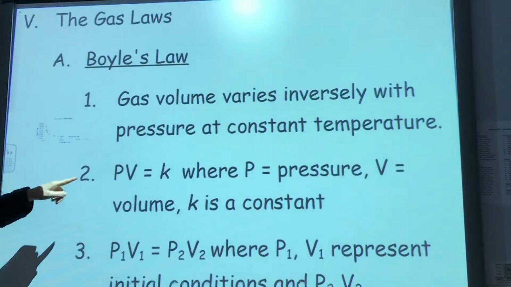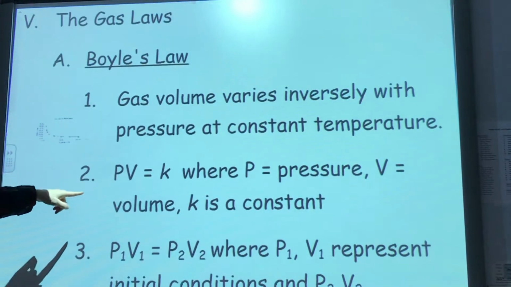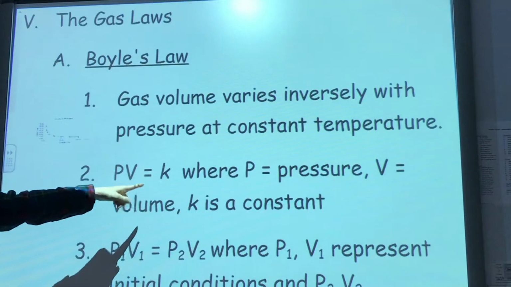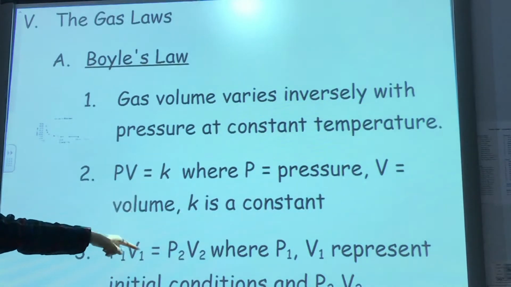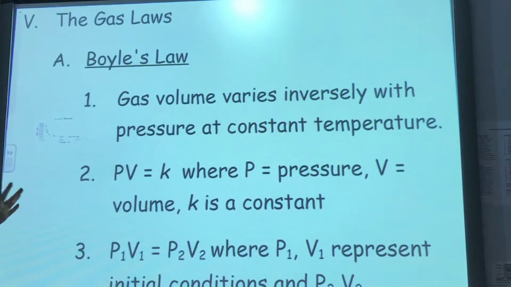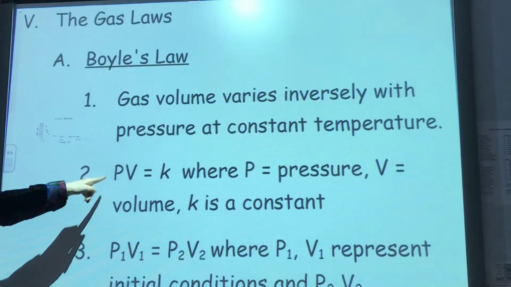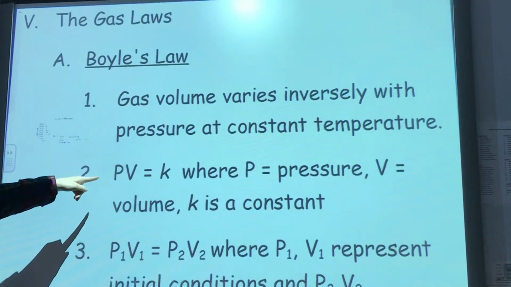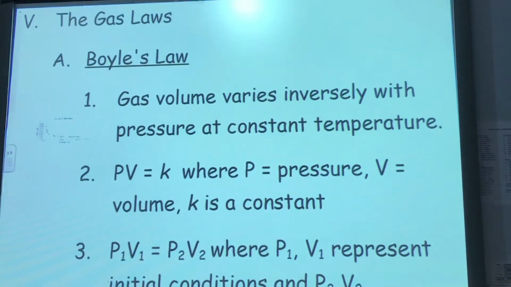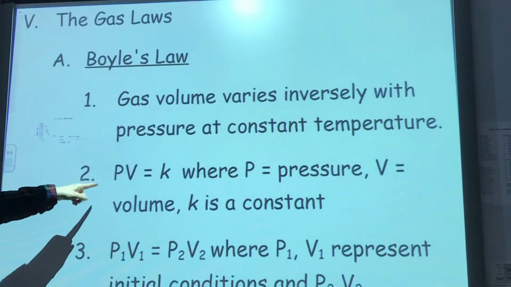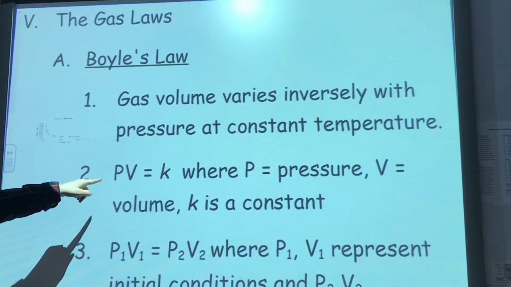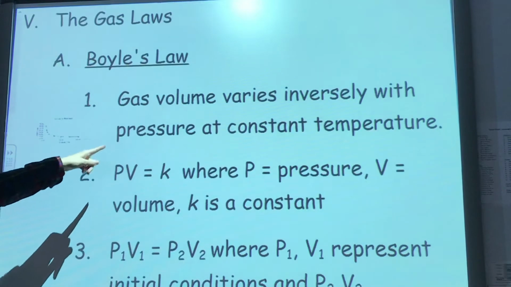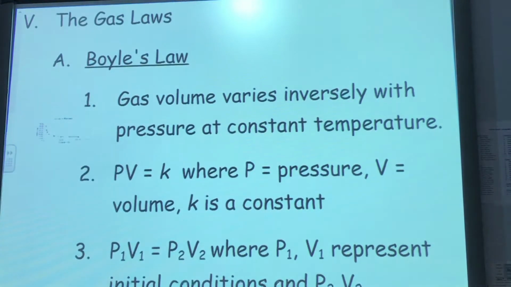The mathematical way of saying this is that pressure times volume is constant: PV = k, where P is pressure, V is volume, and k is a constant. We'll talk about what that constant is a little bit later. Now if we change the pressure on the gas in our container, we get a new volume, because the more pressure we put on a gas, the smaller the volume will be.